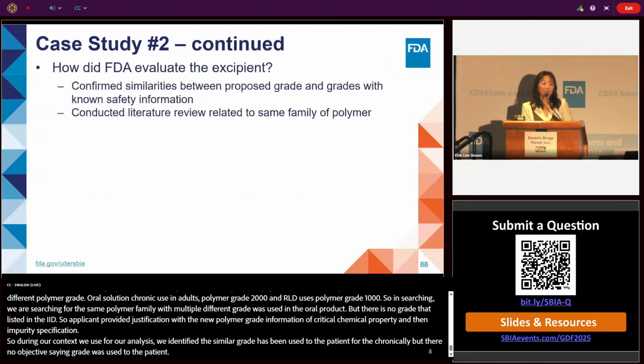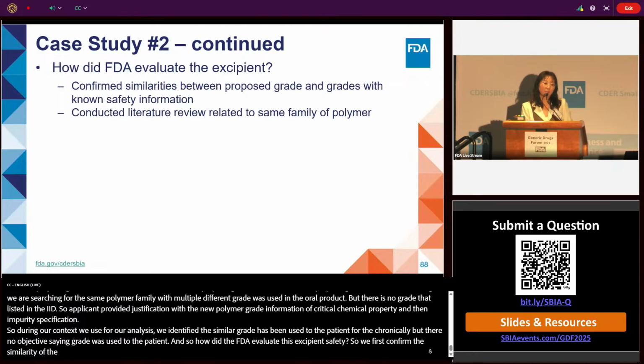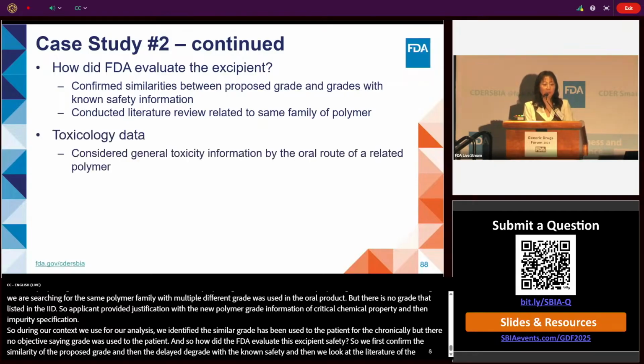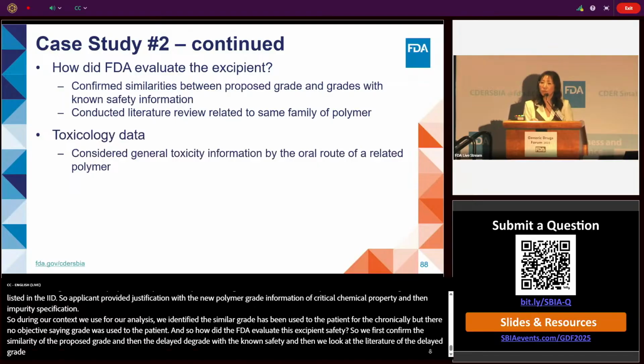So how did FDA evaluate this excipient's safety? We first confirmed the similarity of the proposed grade and the related grade with known safety. Then we looked at the literature of the related grade, especially the general toxicity information for the oral route.